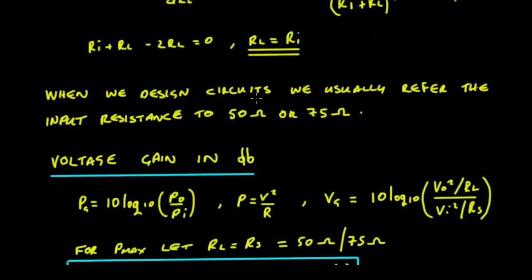In most instances it will be 50 ohms or 75 ohms. I've seen 125 ohms used as well, but generally these will be the two input resistances that they're going to use.